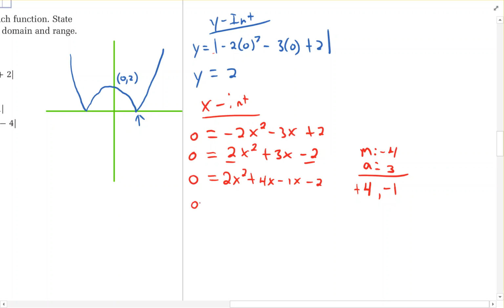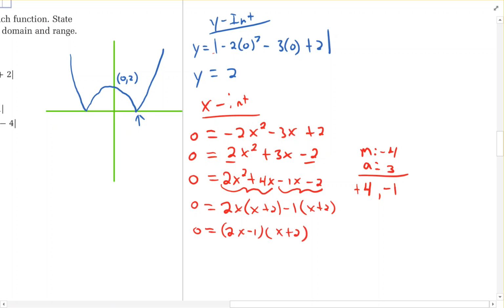We can factor out what we can here. So this is from this part, and then factor this out on its own. So we've got 2x and then x plus 2, and then factoring out a negative 1, we've got x plus 2, so our factors are 2x minus 1 and x plus 2.